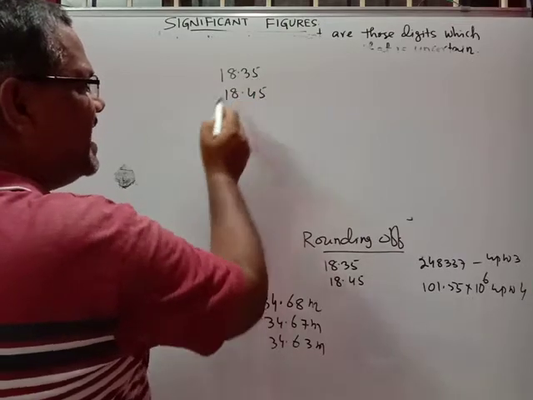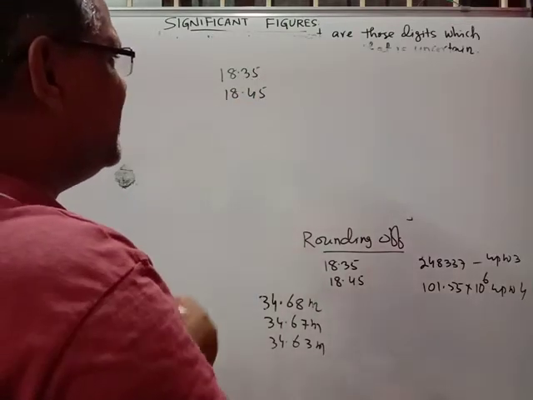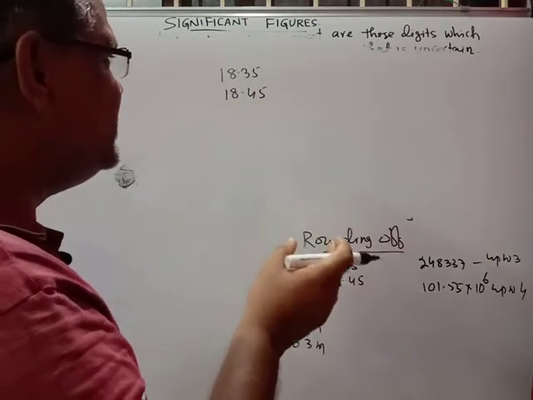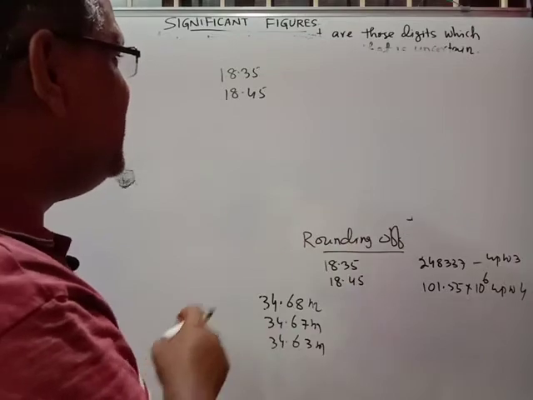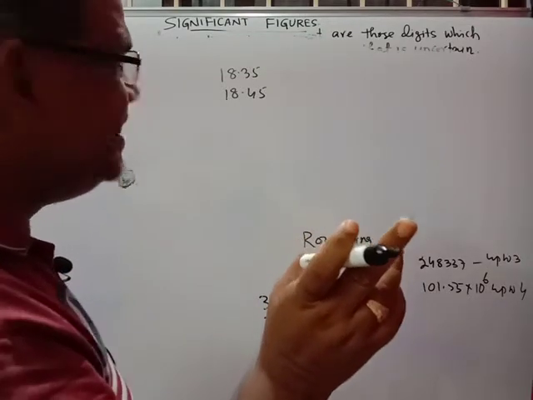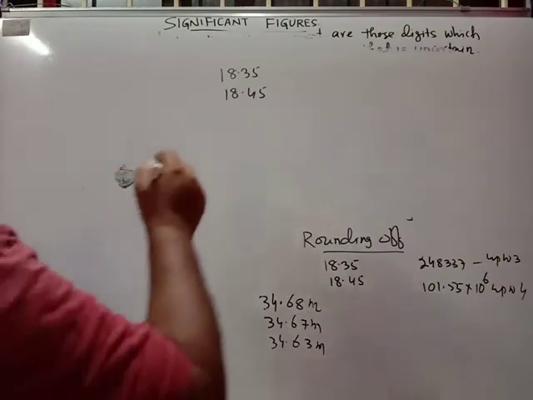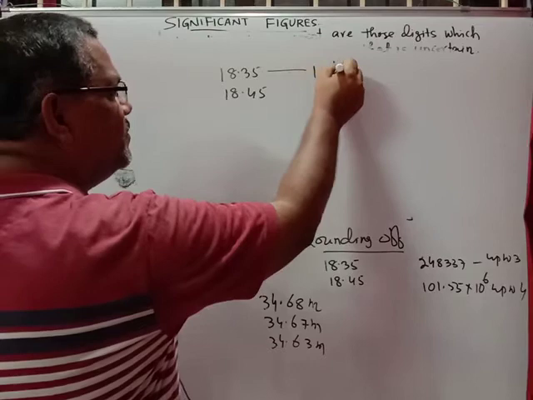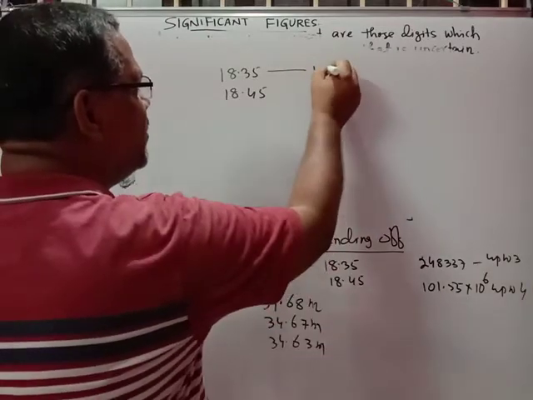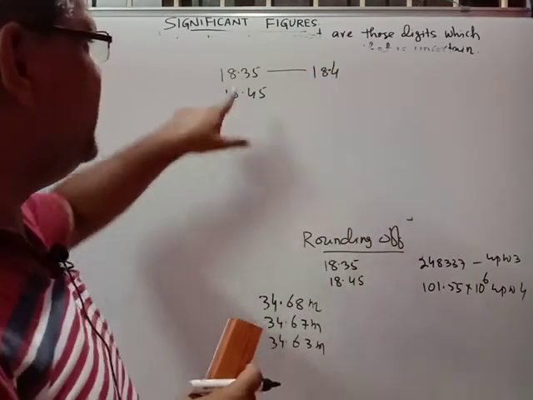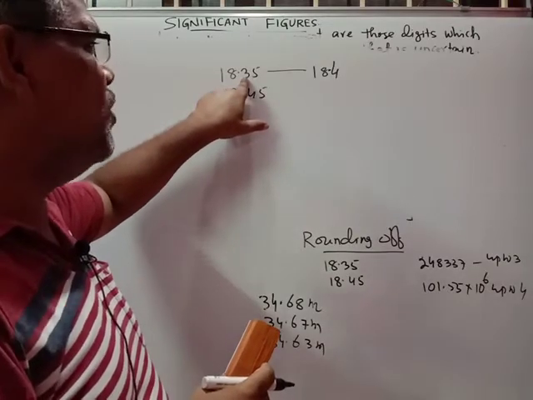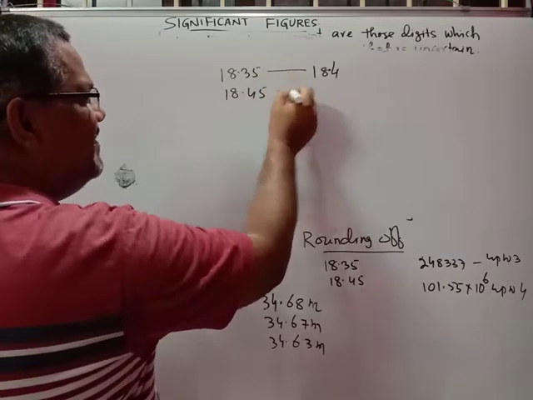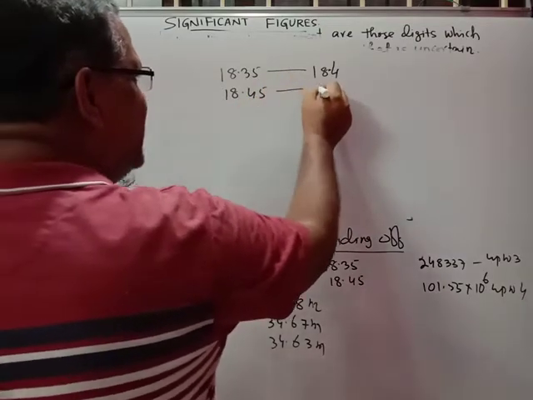If the digit 5 is there, observe the digit previous to the 5. If it is odd, the figure will be rounded off to 18.4. That means the digit is increased by 1 if it is odd. If it is 18.45, the previous digit is even, so the figure will stay 18.4.